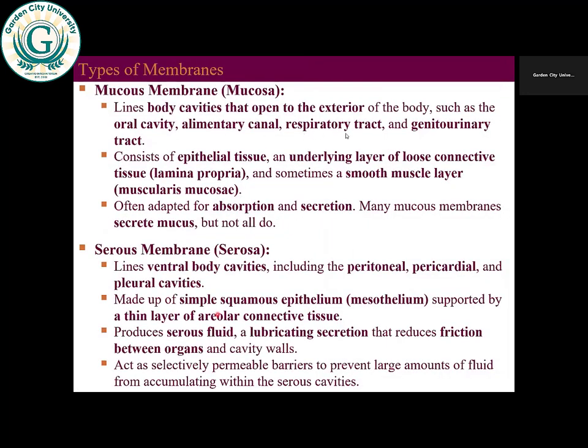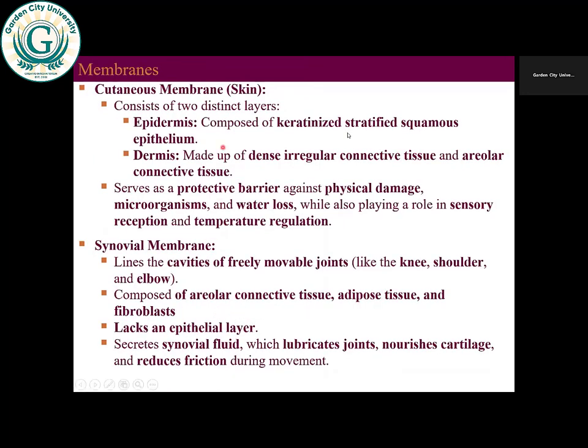Cutaneous membrane: the epidermis is the epithelium, a stratified squamous keratinized epithelium. The dermis is connective tissue. Now, the way I've written it down here is not entirely the same.